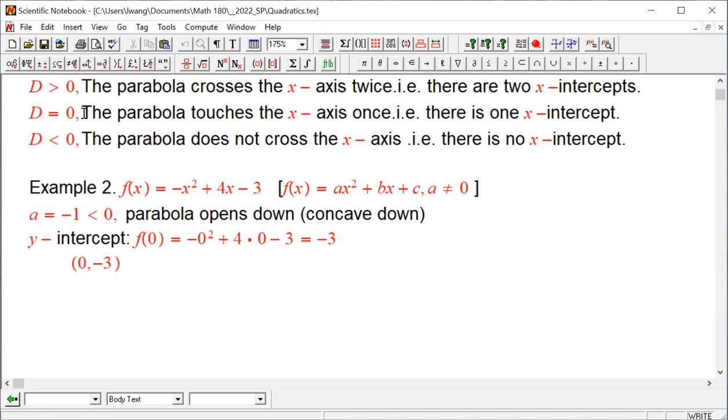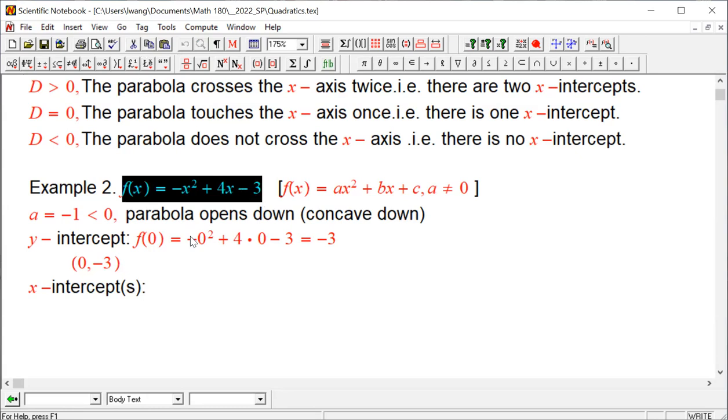And now we just mentioned we're going to decide how many x-intercepts are anticipated, right? How many do we expect? Whether it's 2, or touches once, or no touch, right? In this case, we can use the discriminant.